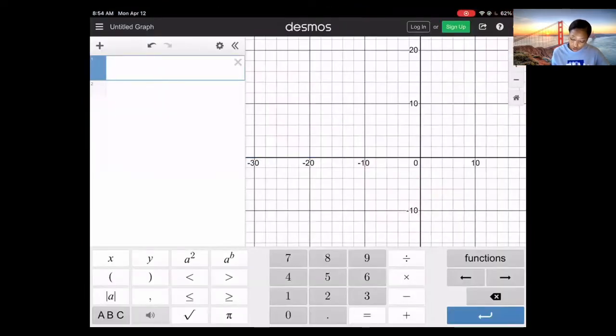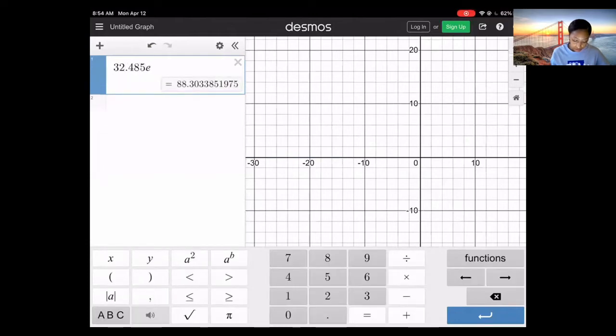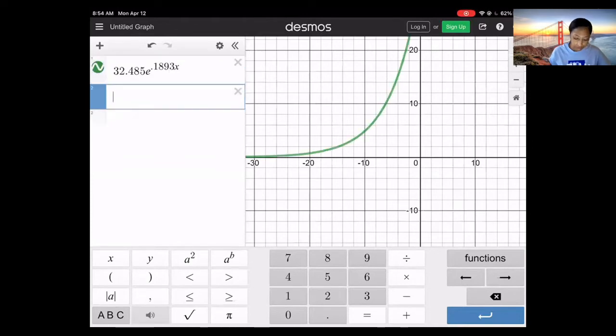Let's see, we have 32.485, where's E? E to the 0.1893 x power. So an exponential growth function.